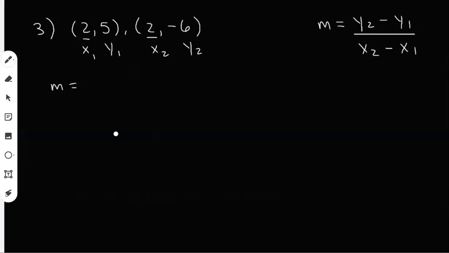Okay, so I'm going to do the y values on top, subtract those, and then divide by the x values at the bottom. So I'm going to get negative 6 minus 5, and I'm going to divide it by 2 minus 2.